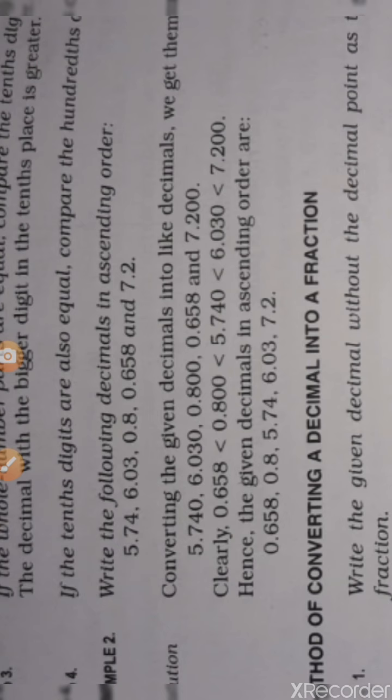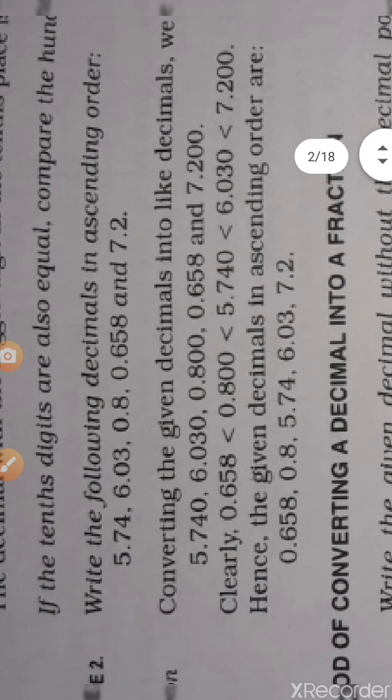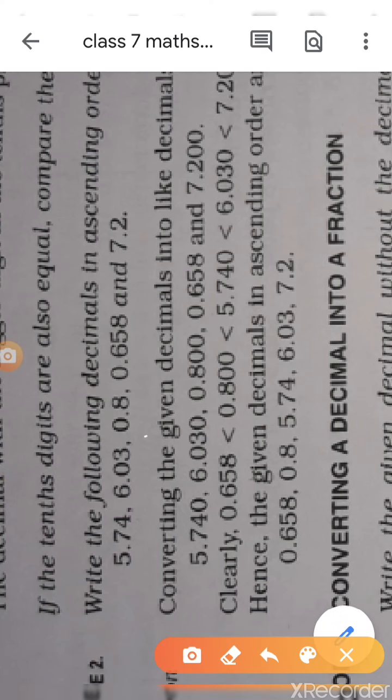See, the smallest whole number part of all these numbers is 0. This one, 0.8 and 0.658. These two contain 0 in their integral part. So how will we compare now? Now we move to the leftmost part of the decimal part.